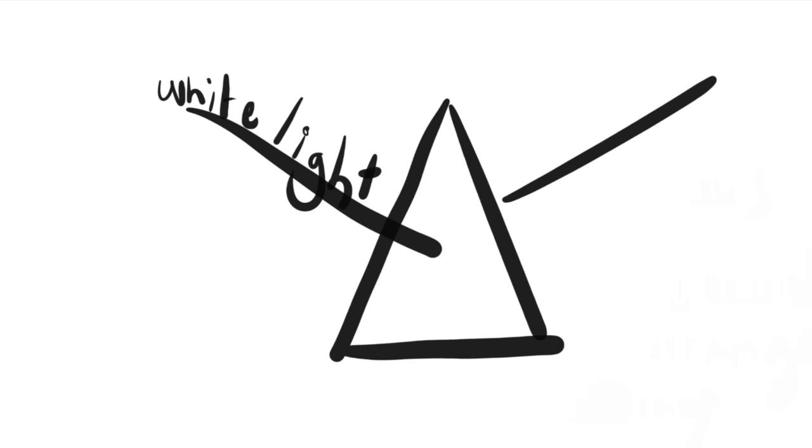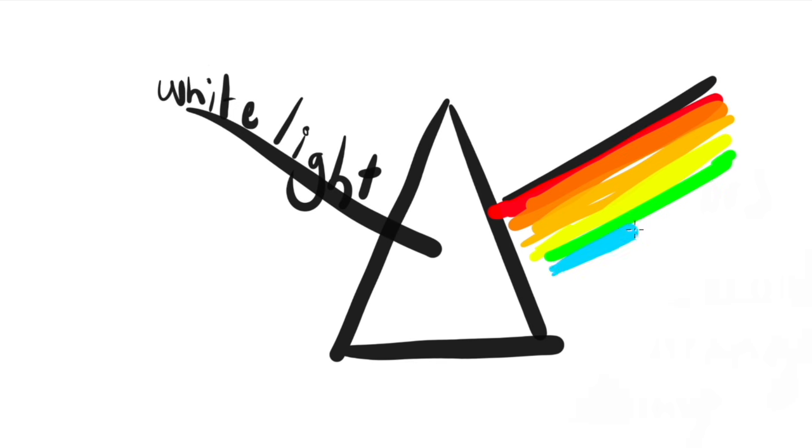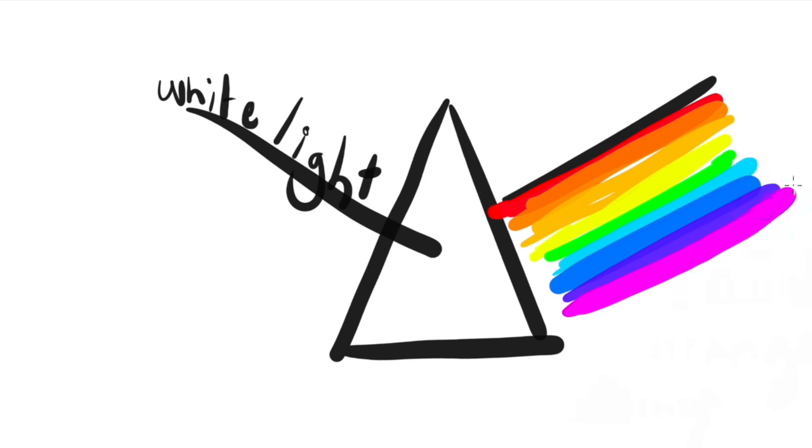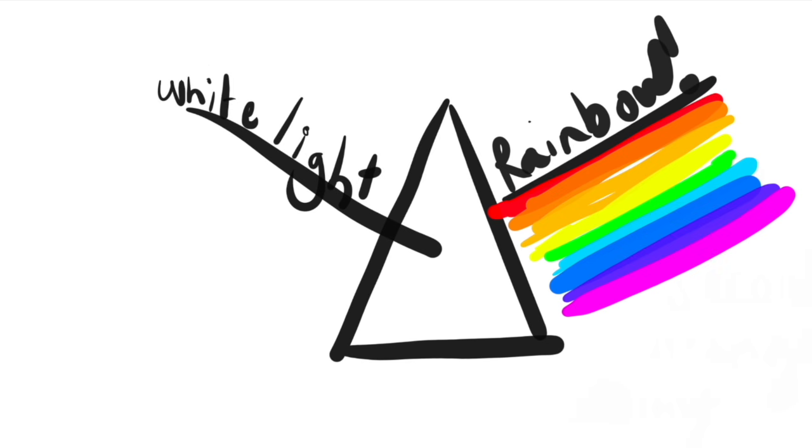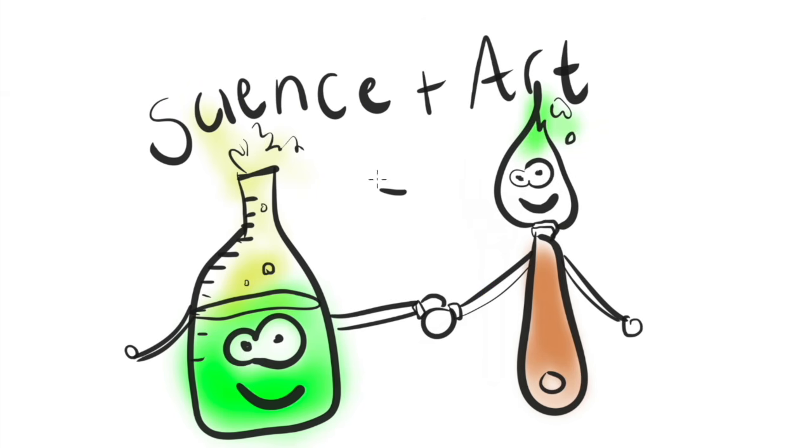The white light is separated into different wavelengths, resulting in a variety of beautiful rainbow colors. Those colors are red, orange, yellow, green, blue, indigo, and violet. A good way to remember is Roy G. Biv. See, science and art are best friends forever.